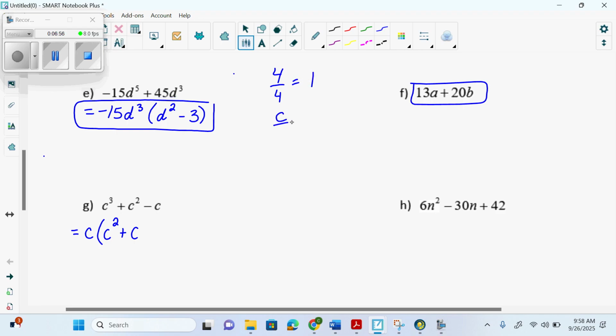What's negative c divided by c? Negative 1. Now when I go to distribute back in, I get c cubed plus c squared minus c. You guys didn't have this left anymore. So you would have never gotten back what you had. Okay? So after you take a GCF out, always in your head go back and distribute it back in and say, did I get what I had? Yeah, okay, my GCF's right.